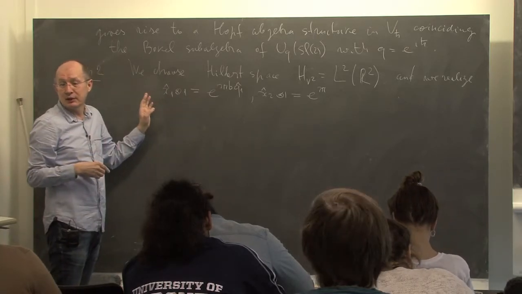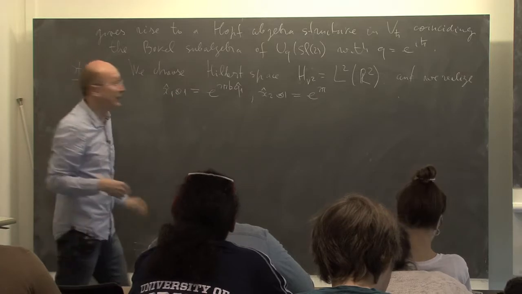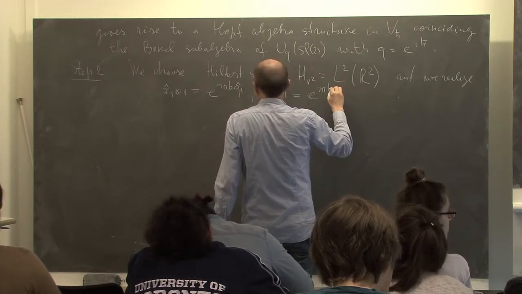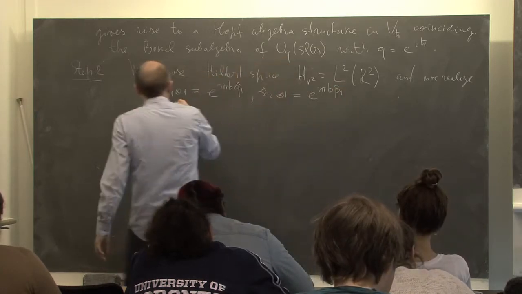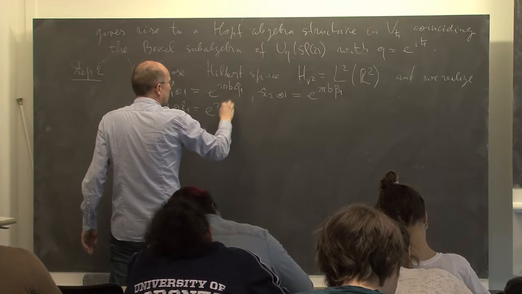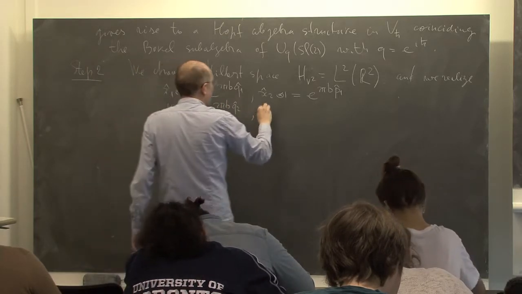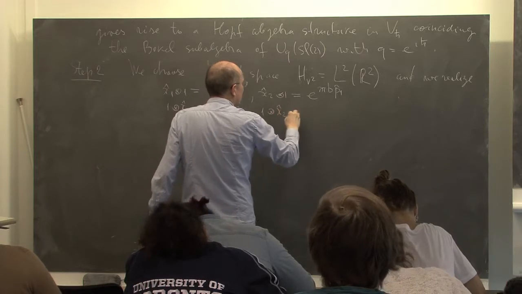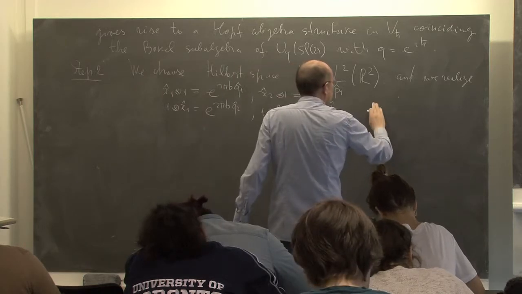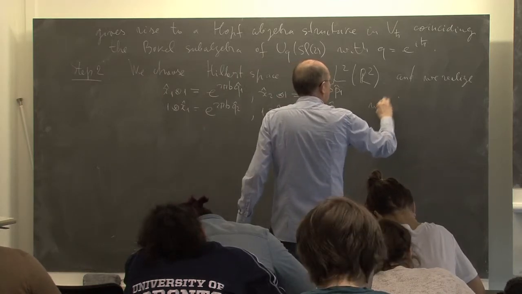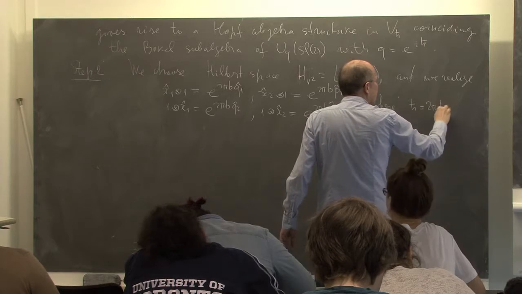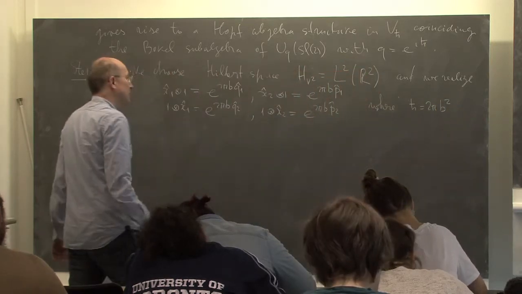So let me just ignore this formality, just equate them. Here h bar equals 2 pi b squared as we wrote last time.